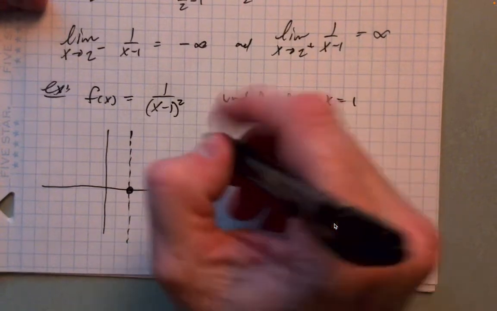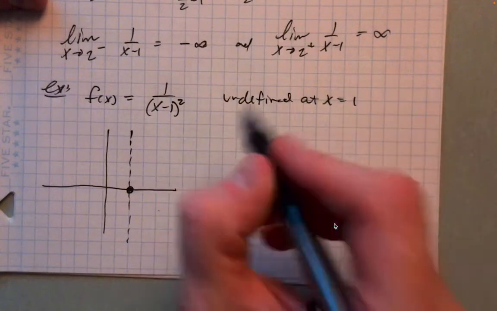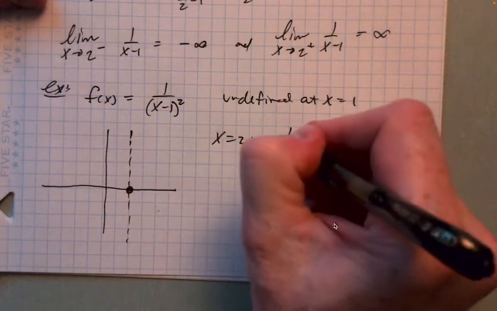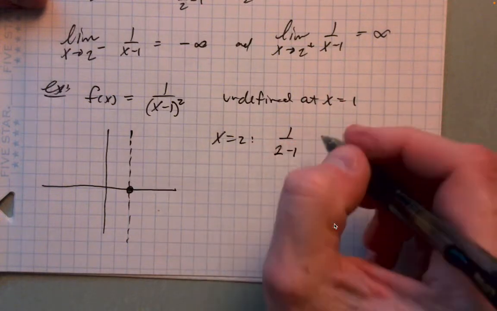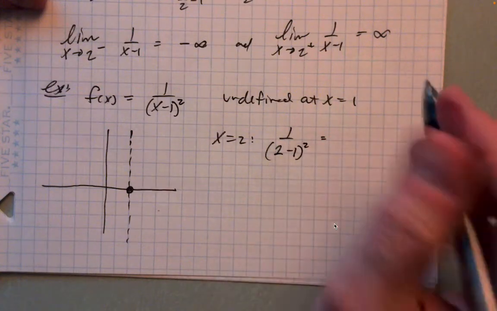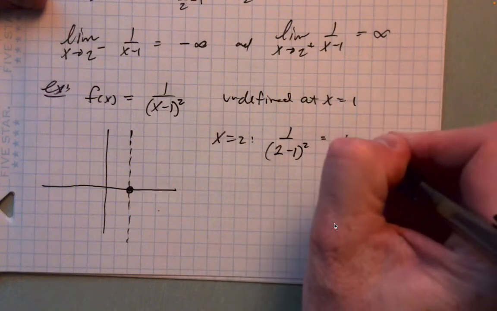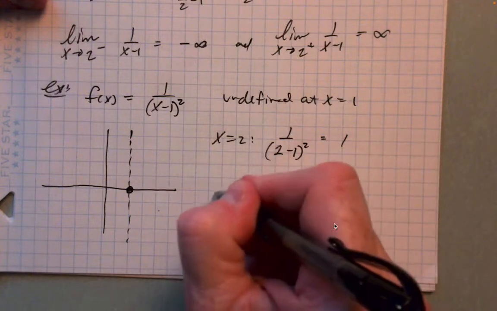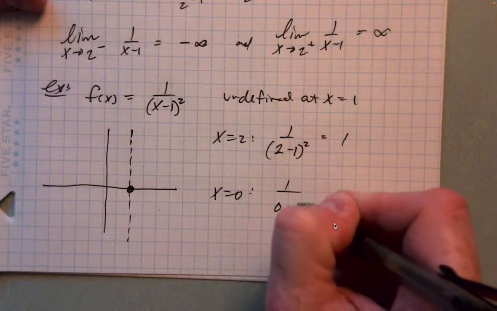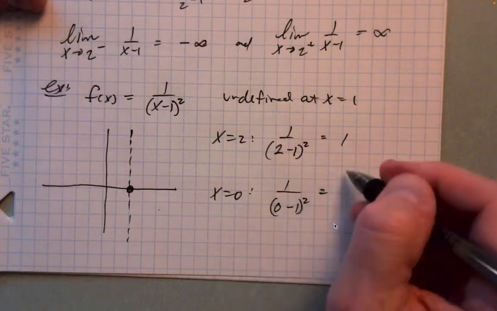Let's just check. So let's test x equals 2. When we do that, we get 1 over 2 minus 1 squared, which would be equal to 1. And let's test x equals 0. And we get 1 over 0 minus 1 squared, which is what?